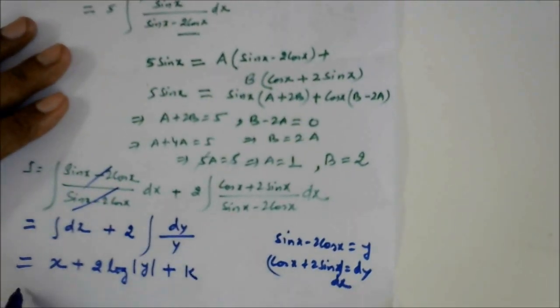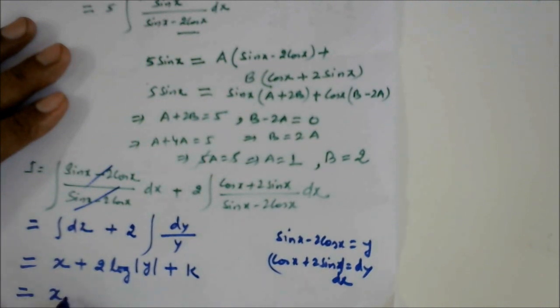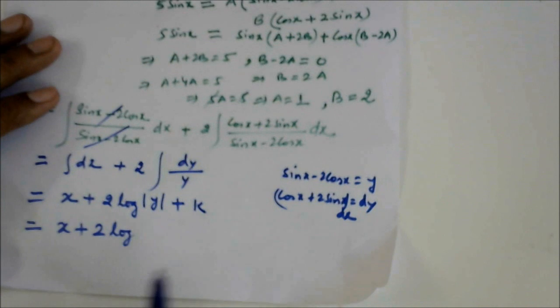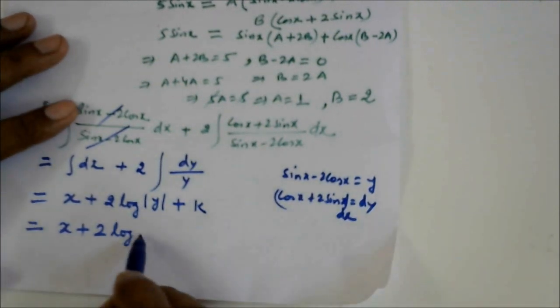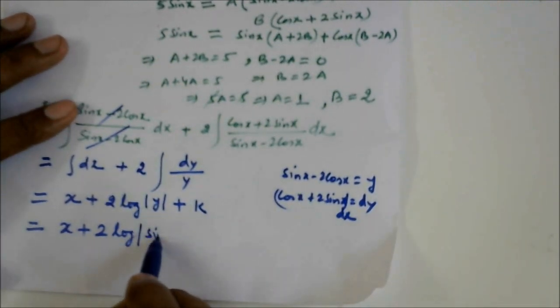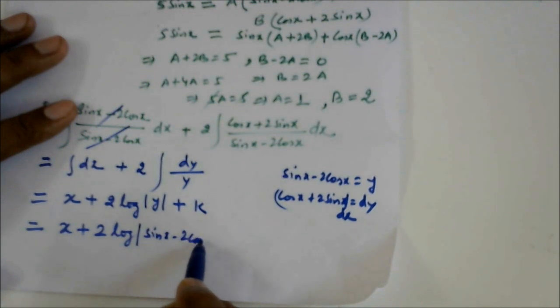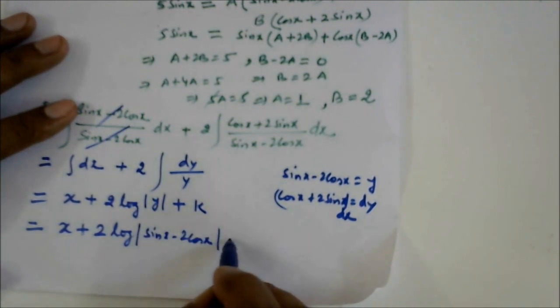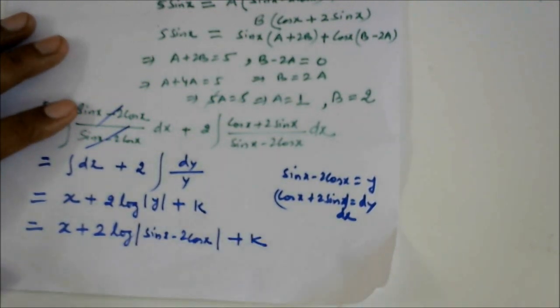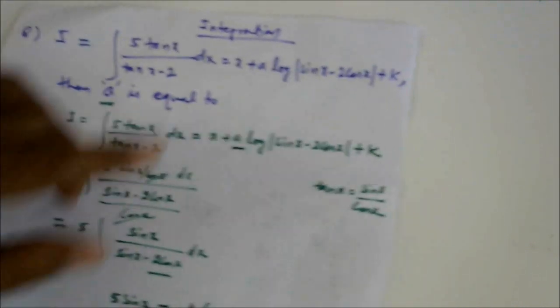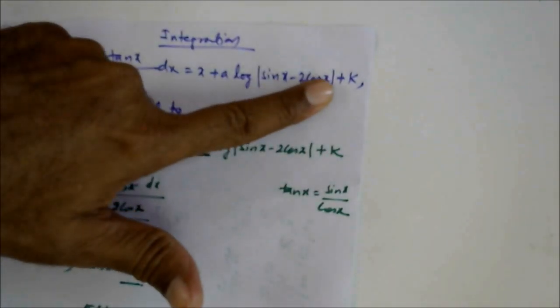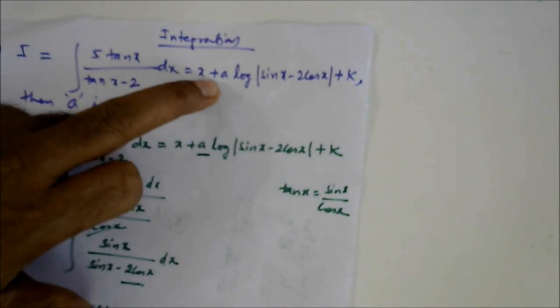Okay, right. So this is giving us x plus 2 log y. What is the value of y? y is sin x minus 2 cos x, plus k. It means when we compare this with x plus a log sin x minus 2 cos x plus k, we need to find the value of a.